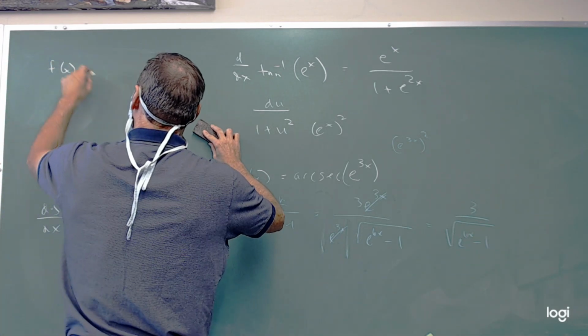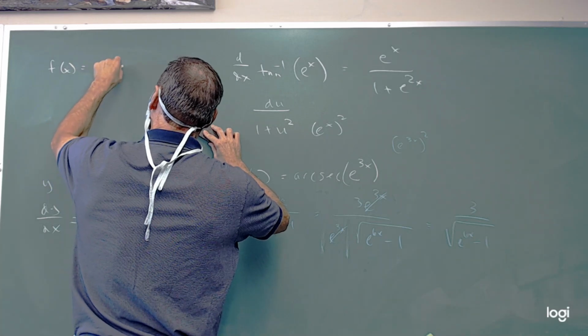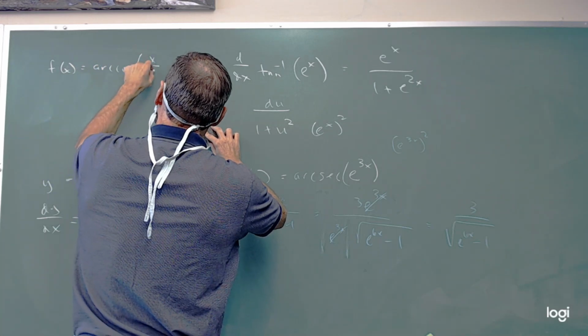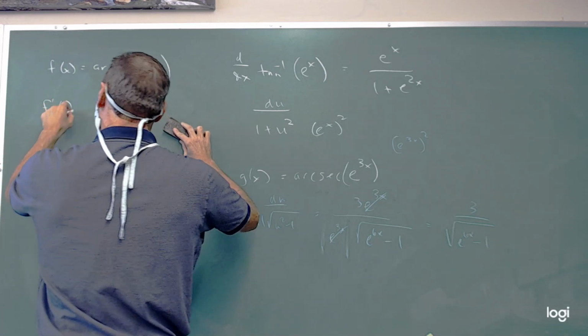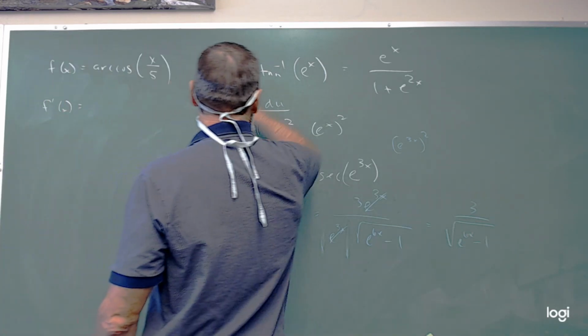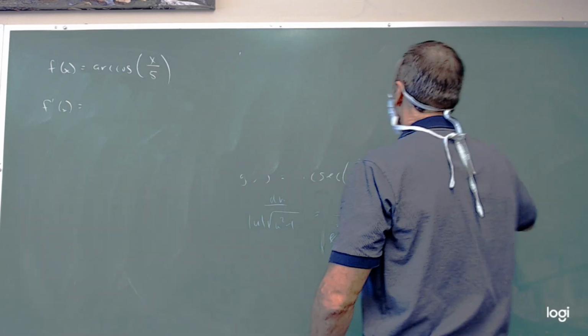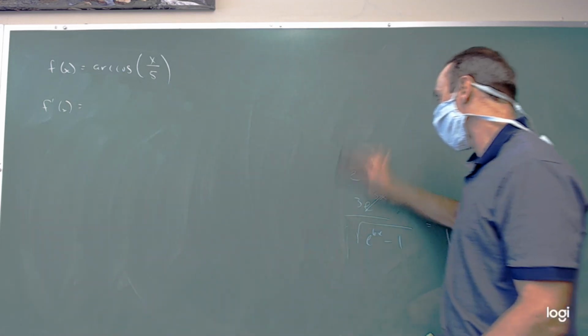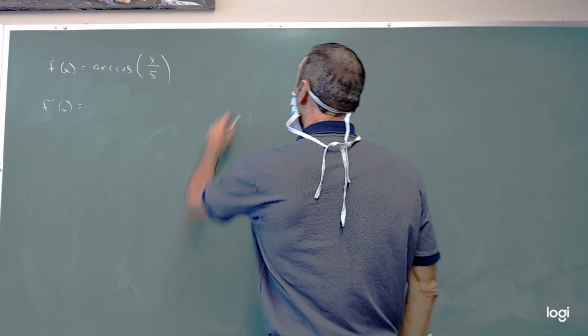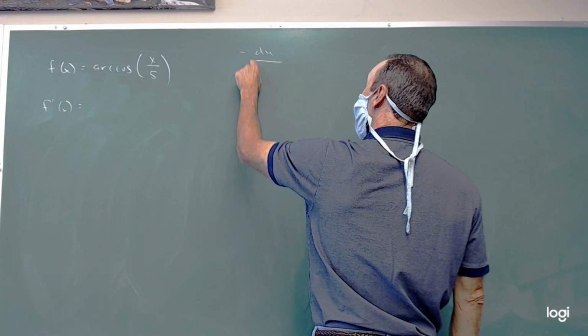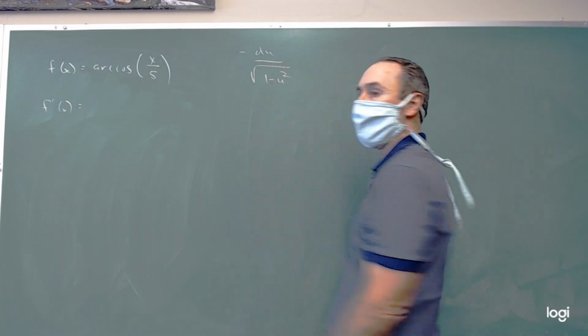So f of x is going to be the arc cosine of x over 5, and we want to find f prime of x. And remember, our chain rule derivative of arc cosine of u is going to be a negative du over the square root of 1 minus u squared.